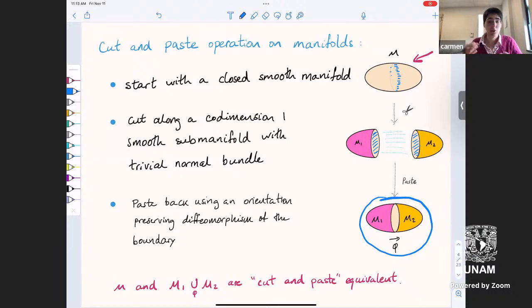You could have chosen phi, or any other diffeomorphism. That's all going to work. So essentially, with cut and paste manifolds, you do the cutting, you do the gluing. It doesn't matter how you glue. You are going to get something that's cut and paste equivalent.